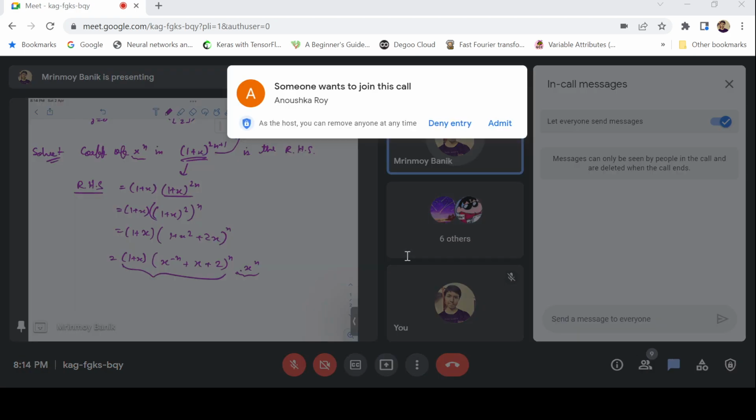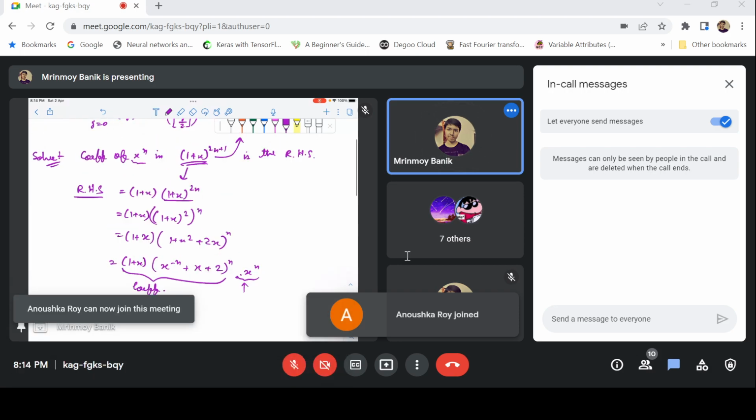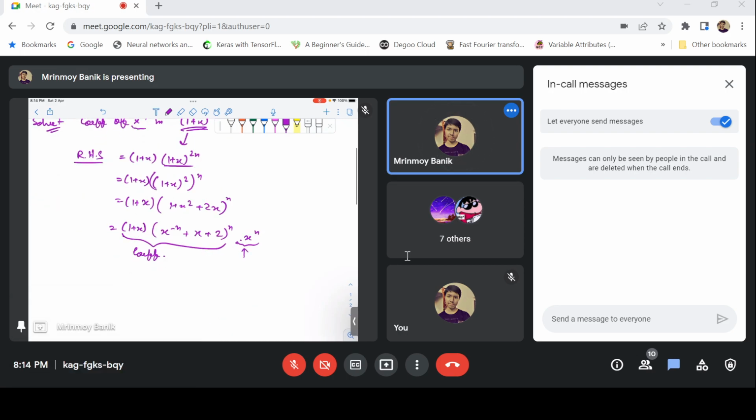So this has to be a constant term for this to be a coefficient of x power n, right? So this is the coefficient. Now let's try to morph it into this form. So observe that this thing can be written as x power minus n plus 2.